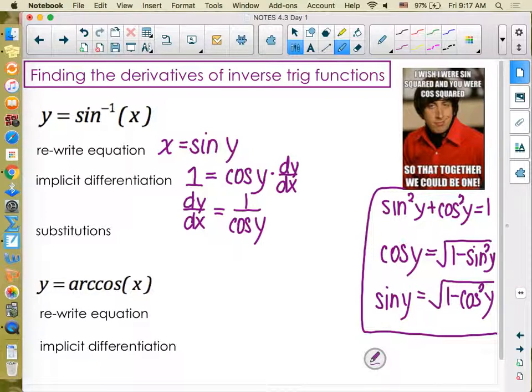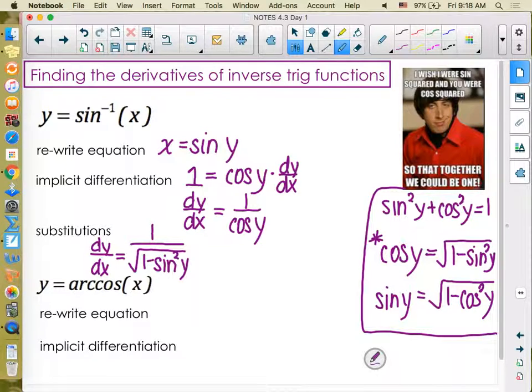So we really want this in terms of x and not 1 over cosine y. So when we go to get the derivative for that function, we're going to need to do some substitutions. Instead of 1 over cosine y, I'm going to go over to my substitutions and say, oh, well then I could rewrite that as 1 over the square root of 1 minus sine squared y.